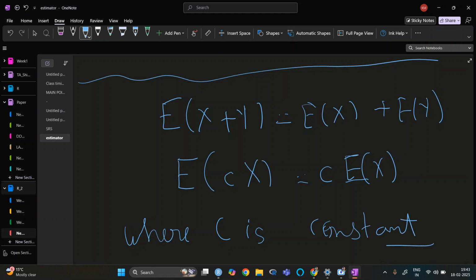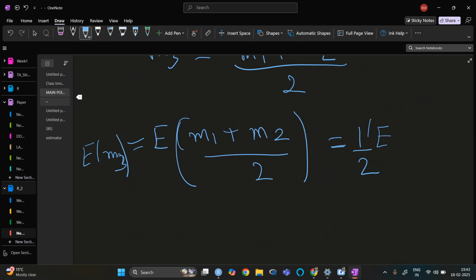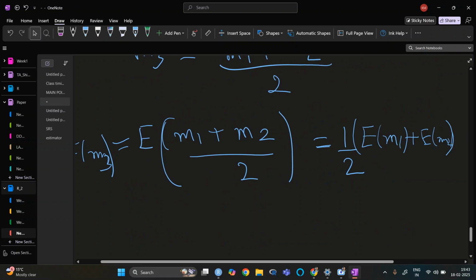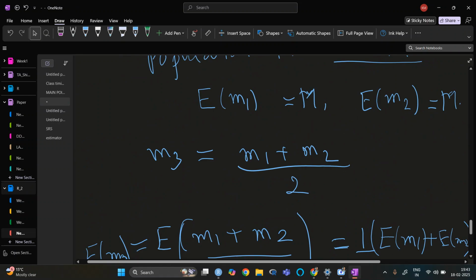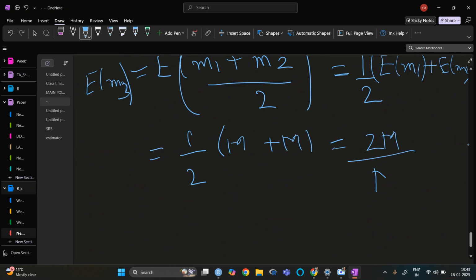So I can write this as 1 upon 2, because it is a constant, times the expectation of M1 plus the expectation of M2, because the expectation of x plus y is the expectation of x plus the expectation of y. The expectation of M1 is M, the expectation of M2 is M. So it is M plus M, 2M upon 2.